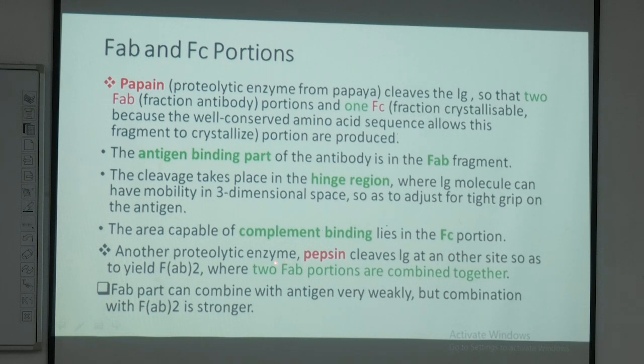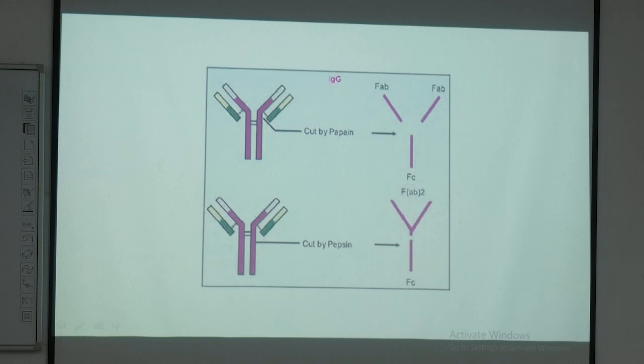And when pepsin acts, it will produce 2 Fab together, and one crystallizable part. So in this picture we can see papain acting, 3 parts are produced, and here pepsin is acting and only 2 parts are produced.